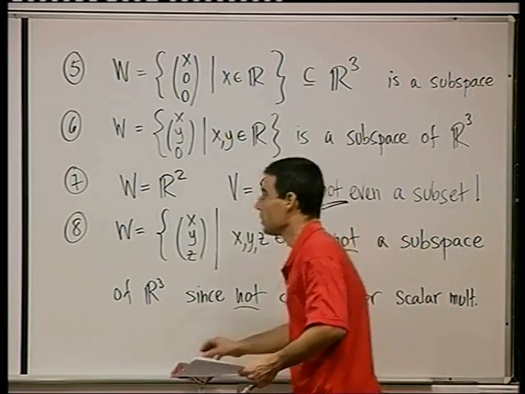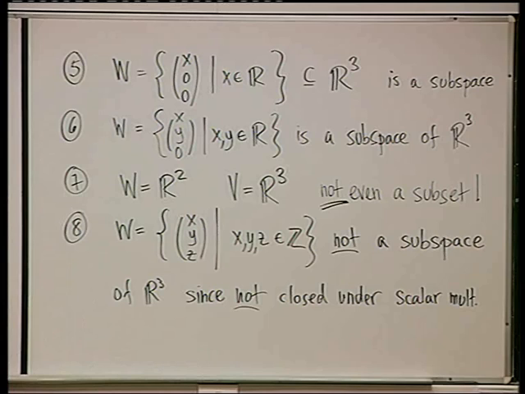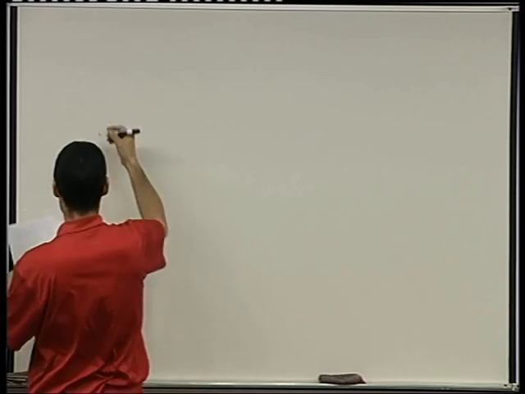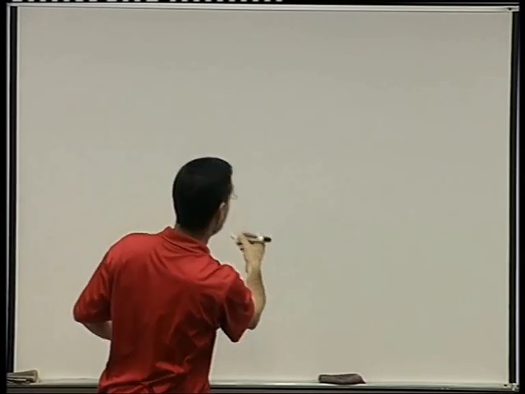Okay, let's see some more examples, slightly more sophisticated, and in fact very useful ones. We're going to use subspaces a whole lot. So here are a couple more examples. Let's look, what number are we on? 9.